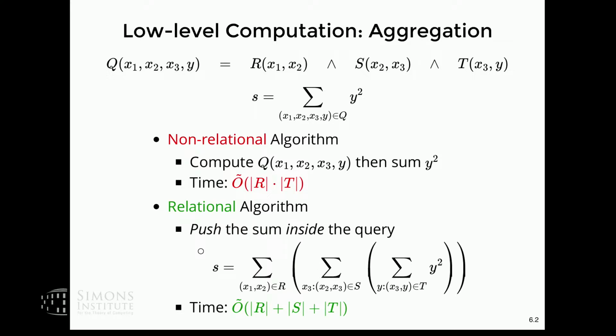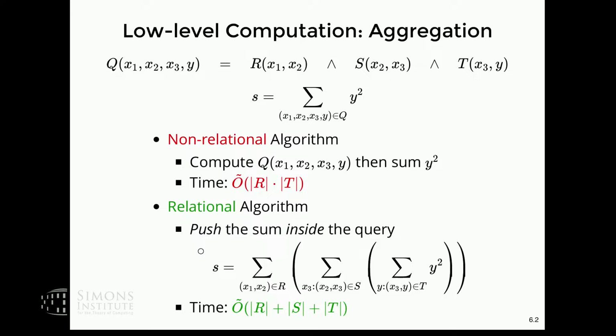Now, instead, a relational algorithm can do this in a smarter way, where we push the sum inside the join query. In particular, here, for every fixed x3, we can start by summing away y squared for this x3, and the result would be just a function from x3 to a number, which is basically this expression over here, which we can do in linear time in the size of T. After we do that, now for every fixed x2, we can go over x3s and sum away this function that we just computed.